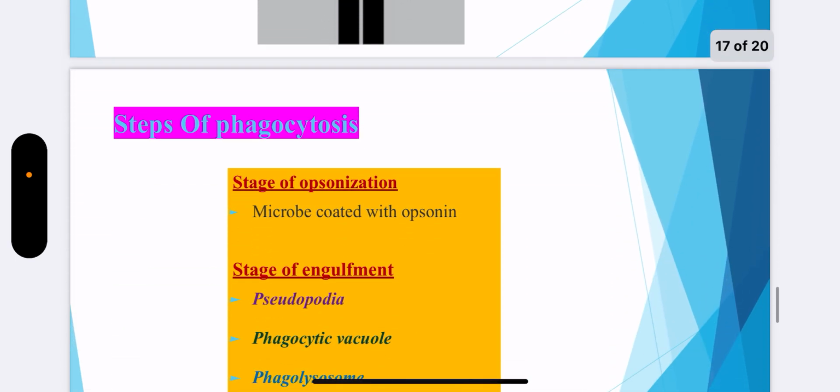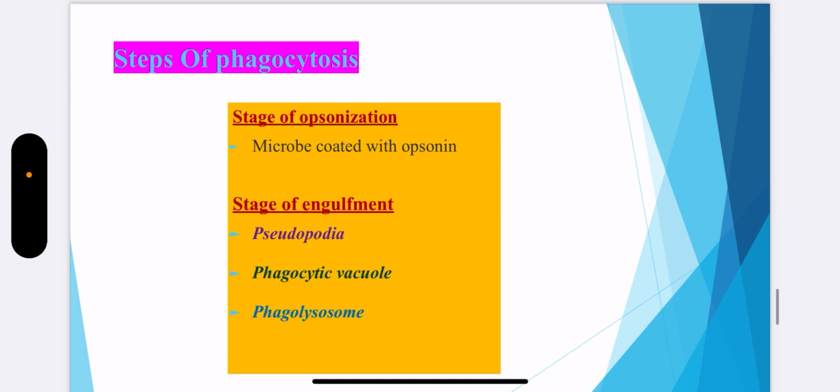There are several stages of this process of phagocytosis. First is the stage of opsonization. In this stage, the microbes get coated with opsonins. These are naturally occurring factors in the serum that form a bond or linkage between bacteria and the phagocytic cell membrane. Second is the stage of engulfment of the opsonized particle.